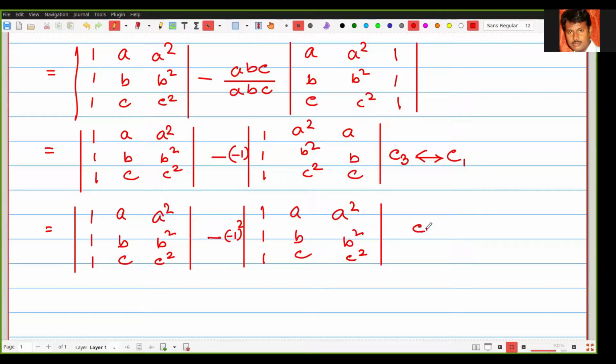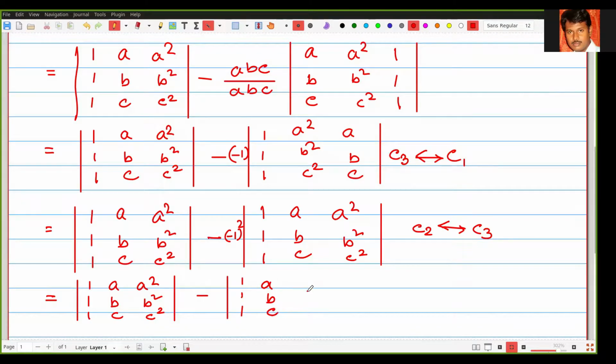So that means interchanging of second column and third column. So now both are equal: 1, 1, 1, A, B, C, A square, B square, C square, minus 1, 1, 1, A, B, C, A square, B square, C square. So obviously the result is 0.